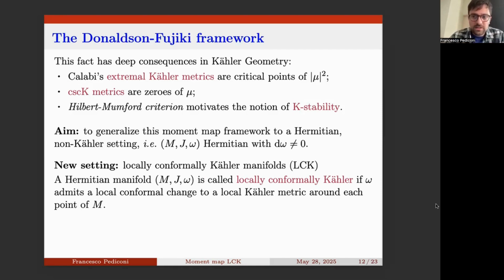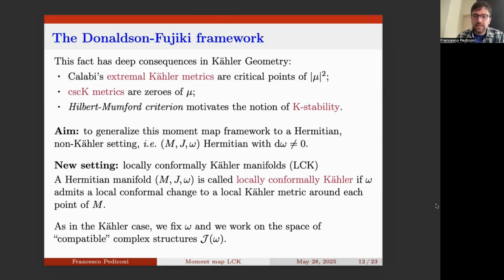As we heard yesterday in the introductory talks, locally conformally Kähler means that it is a Hermitian metric such that around each point of the manifold you can find a neighborhood and a local conformal change that turns this ω into a Kähler form in that neighborhood.